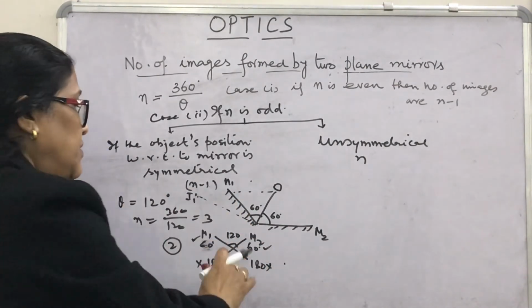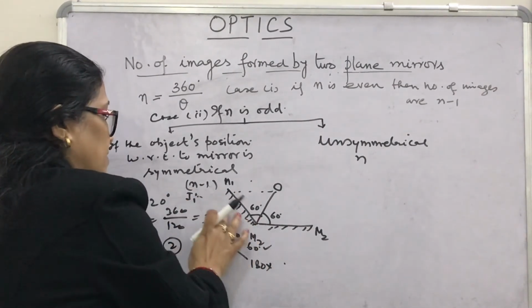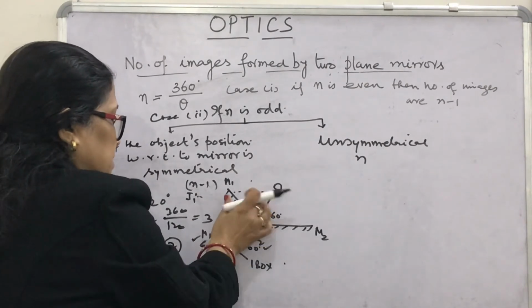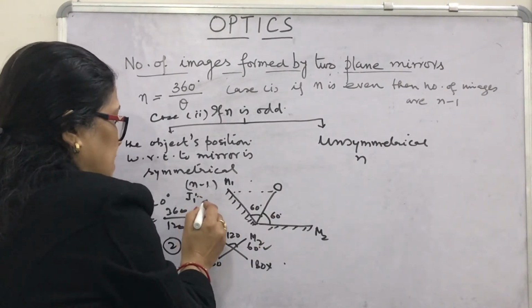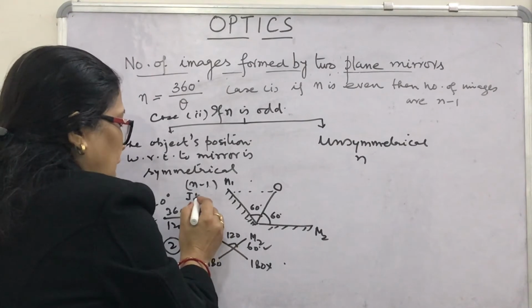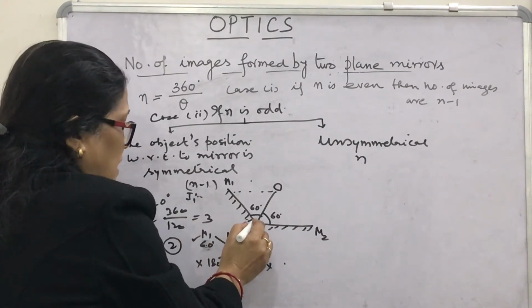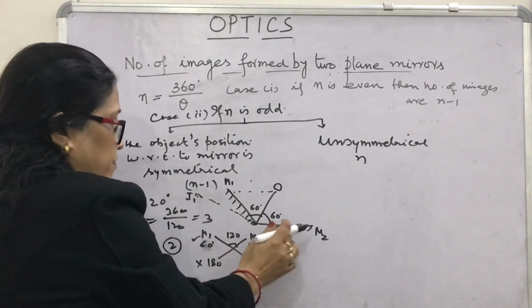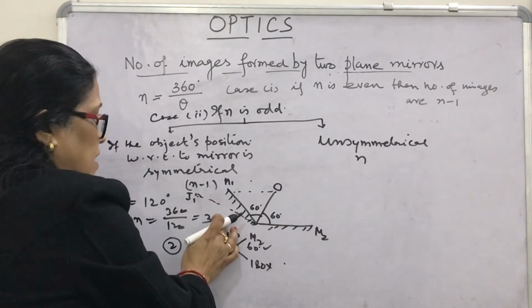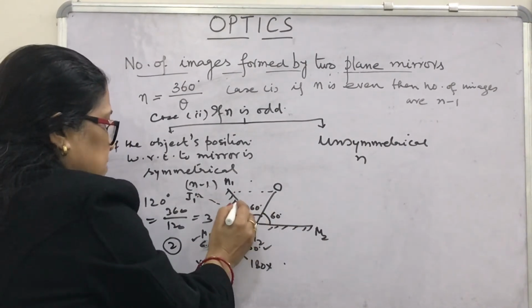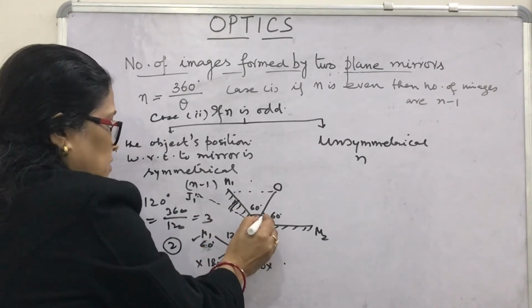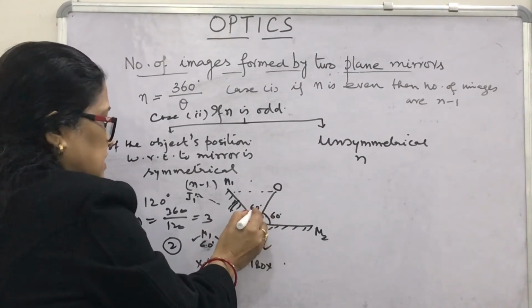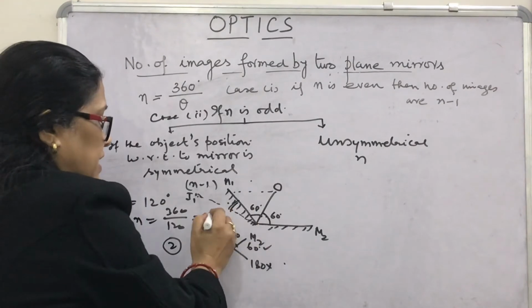How can you show here? Look here, this I1 will act like the object for this M2 mirror, and the angle will be also 60, and this is also 60, that is 60, 60, 60. How many? 180.